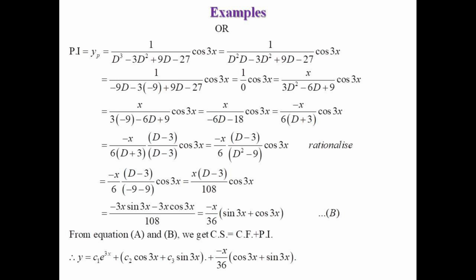So we get d cube minus 3d square plus 9d minus 27, into cos of 3x, equal to 1 upon d cube, meaning d square into d, minus the remaining terms as they are. Now here we get a d square term. According to the standard formula of type number 2, replace d square by a square with minus sign.